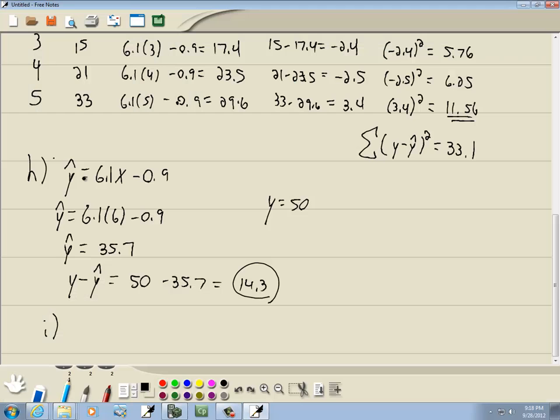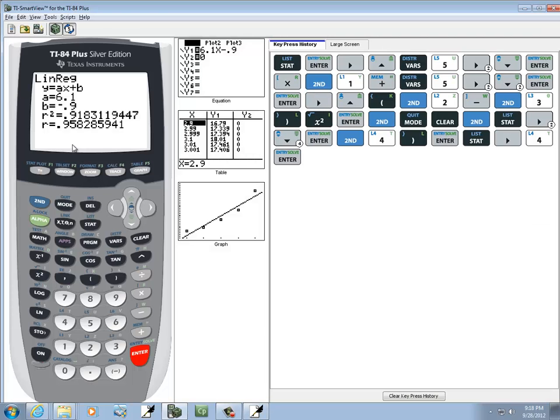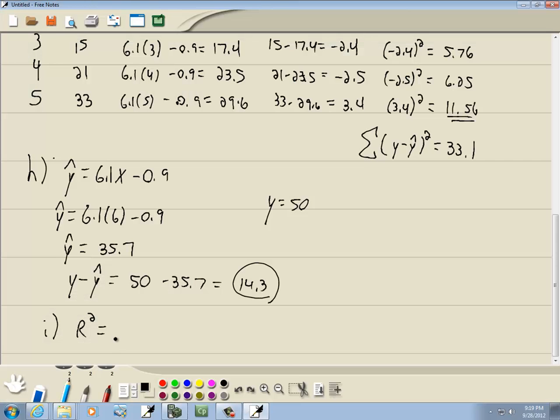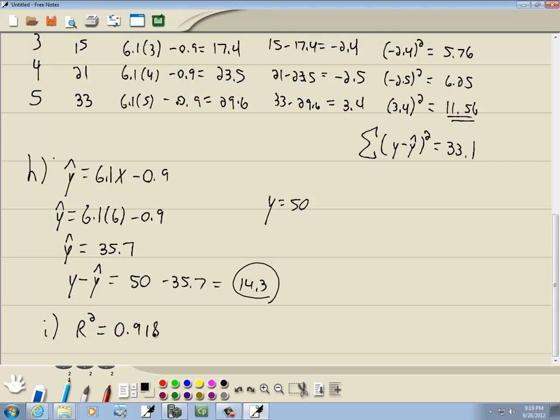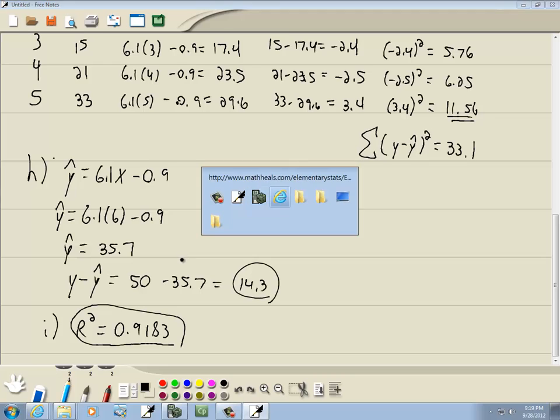Our coefficient of determination, capital R squared, is equal to little r squared here, you see. So it's 0.9183. Like that.